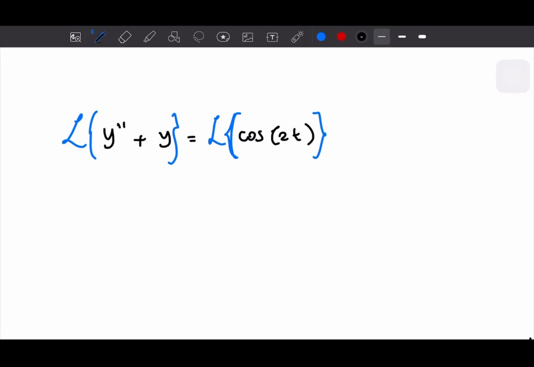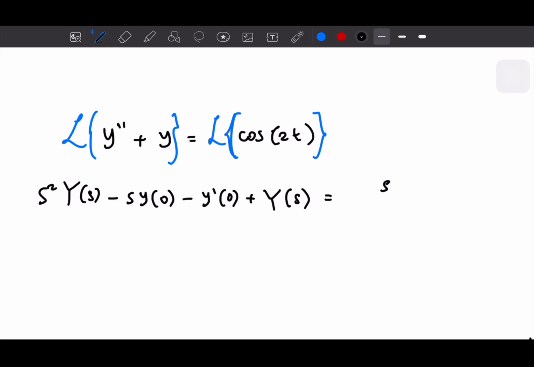The y double prime becomes s squared capital Y of s, minus s y of 0, minus y prime of 0, and then y becomes capital Y of s, right? And then the cosine becomes s over s squared plus 4, right?